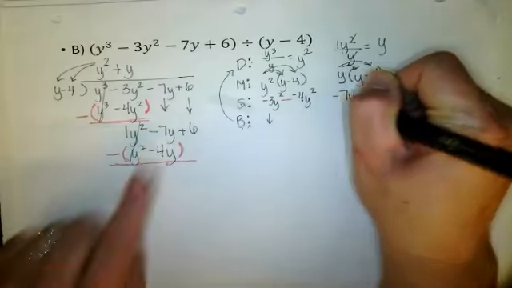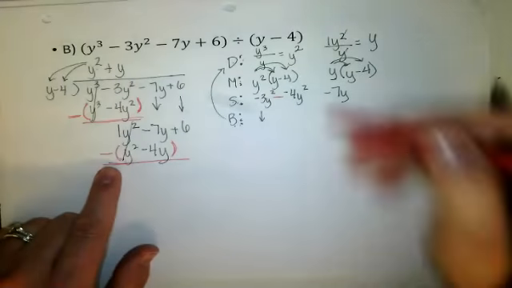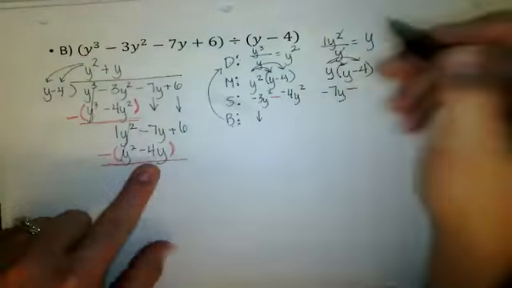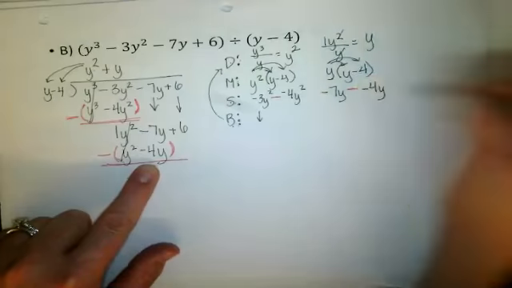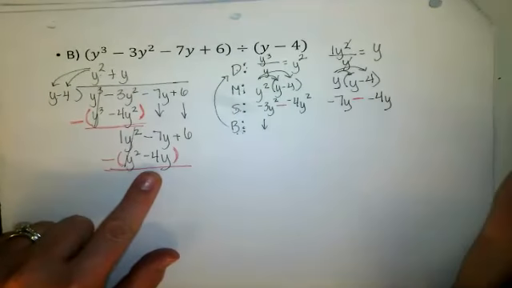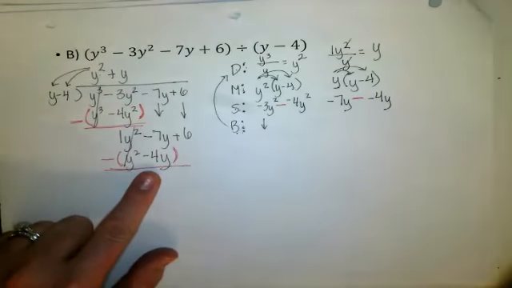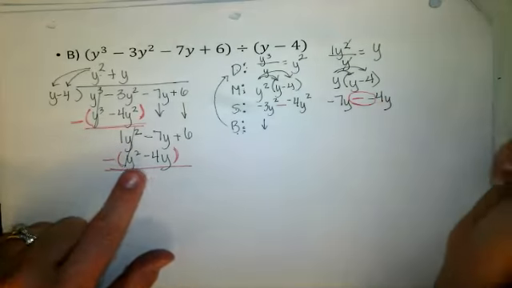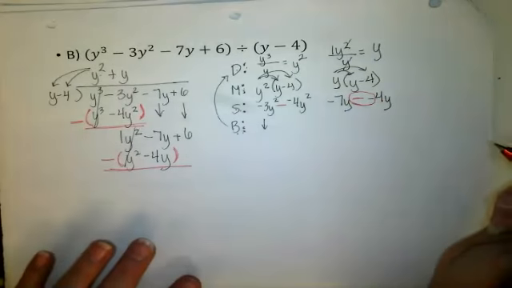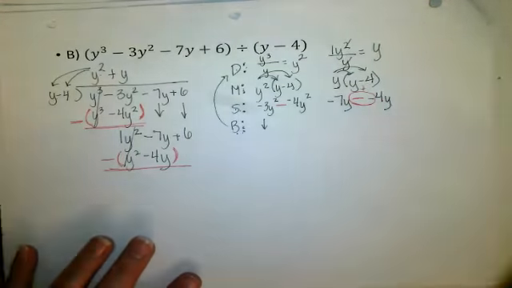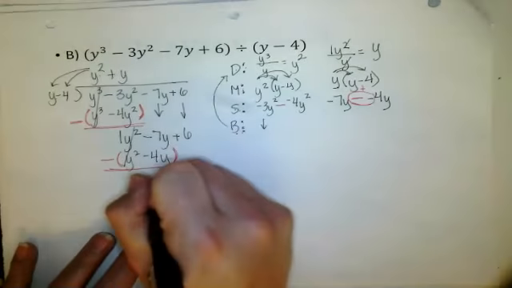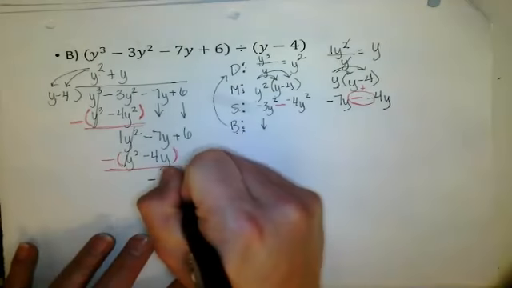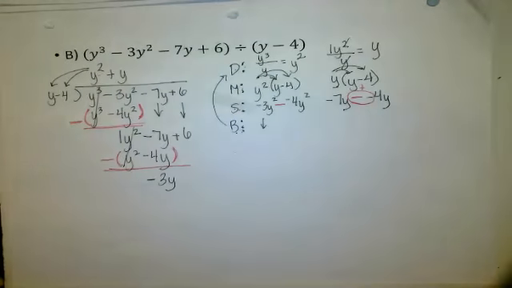Negative 7y, take away a negative 4y, does what? Again, minus the negative becomes positive, and so we get negative 3y for the result there.